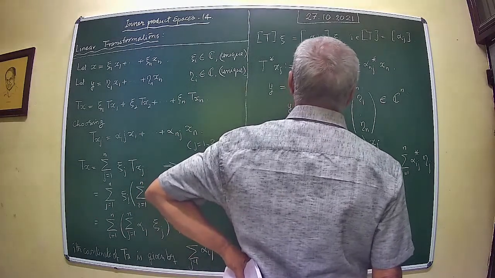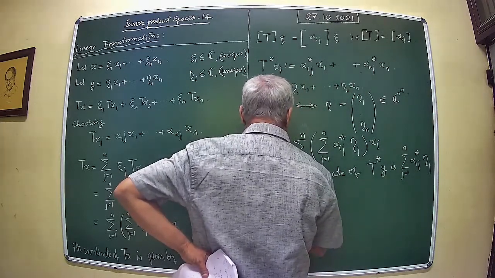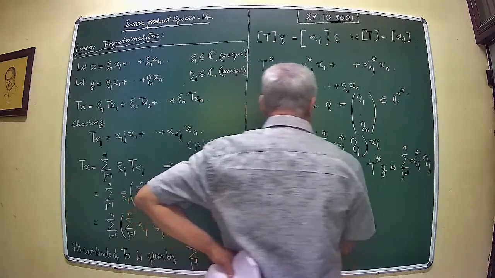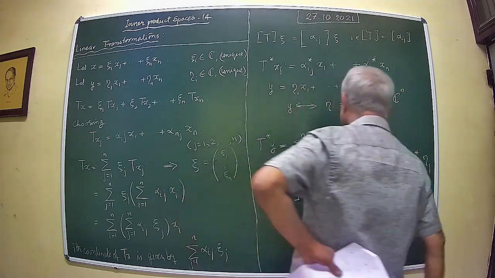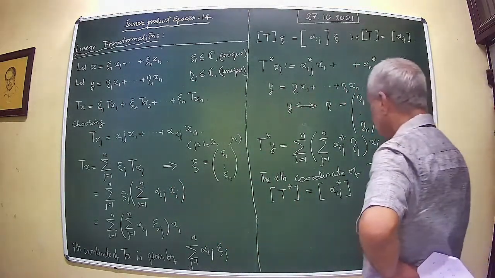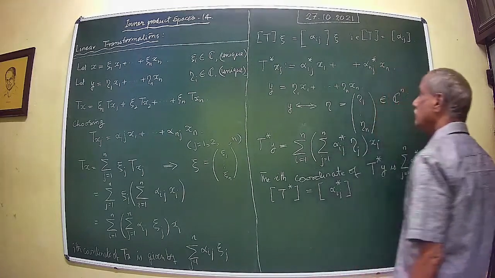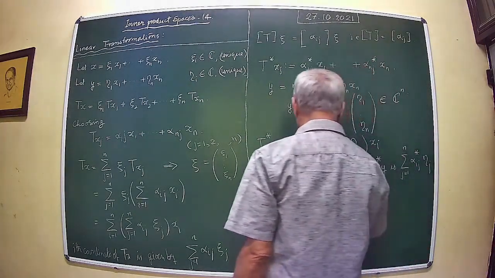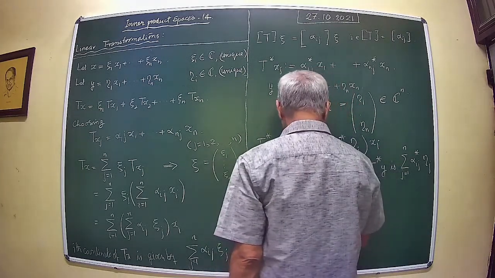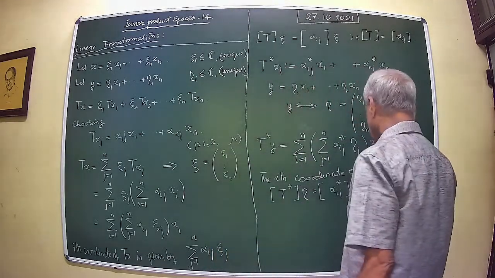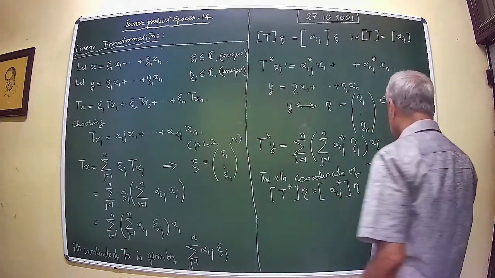Therefore, that gives the T star is represented by alpha ij star. So this is an n by n matrix. So this is what you get, the matrix representation. Or this working on eta. Therefore, this is the matrix representation for T.